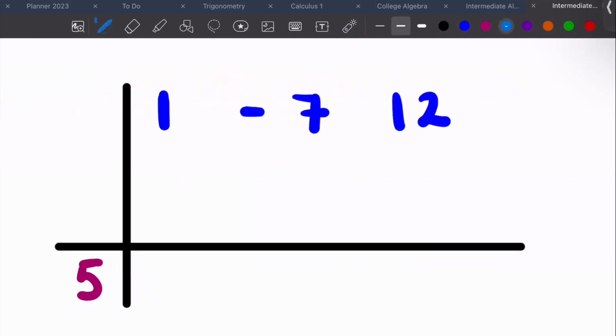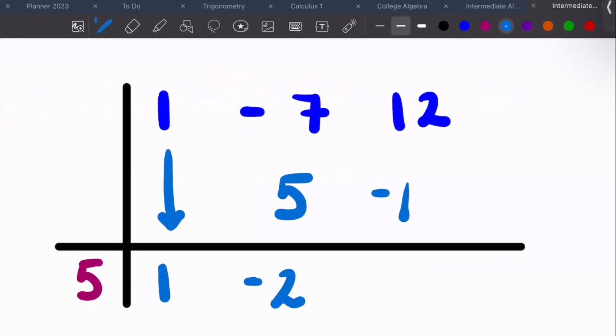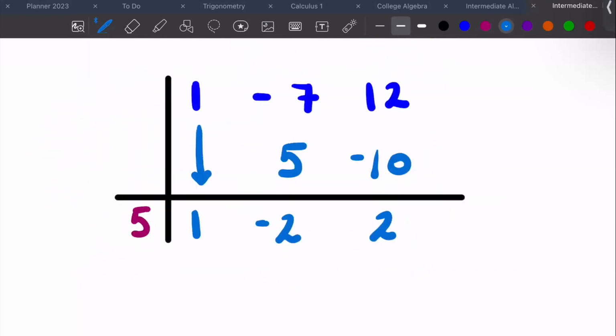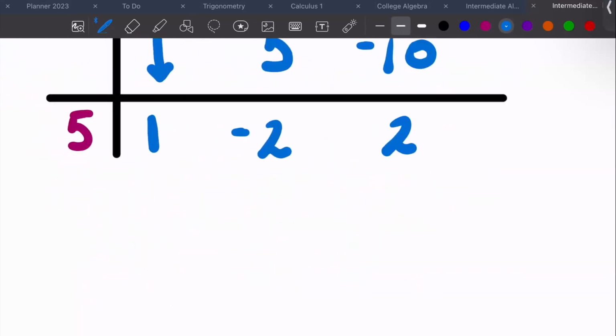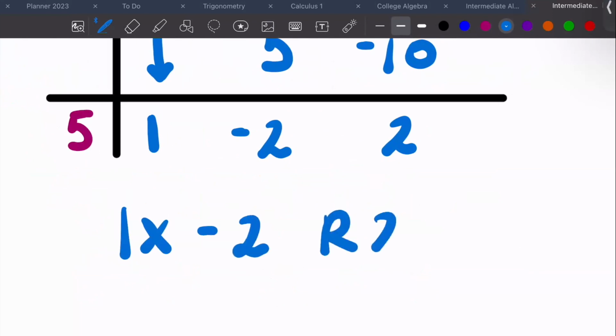Start your procedure. 1, 5, -2, -10, 2. Multiply, add down. Multiply, add down. We started with x squared, so we start with x. Last number is your remainder.